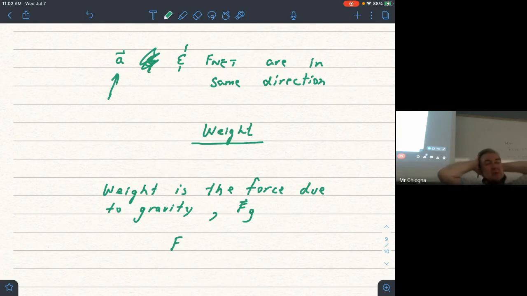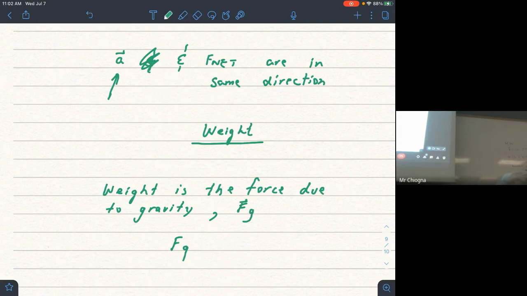On the moon, it's far less. So the weight of an object on the moon is less. That's why if you ever watch videos of the lunar landing, yes, it was real, I don't care what people are saying, you see the astronauts, when they take a jump, move fairly slowly compared to what we'd see on the Earth. That's because the weight of the astronaut is less.